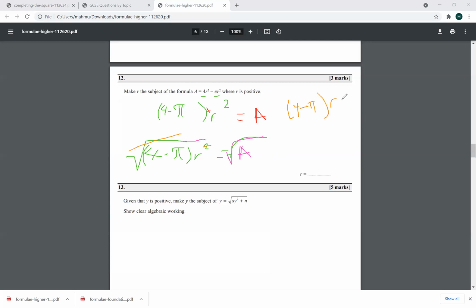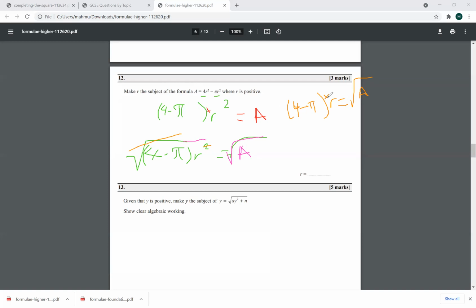I'm again doing it for you. You're still not understanding rearranging. Now, how am I going to separate the R and the 4 minus pi? Now you do that. I'm not going to do it for you. Separate this bracket, everything inside this bracket, and keep R on its own. So how are you going to do it? At the moment, 4 minus pi inside a bracket, we're timesing it by R. So think of what you're going to do.